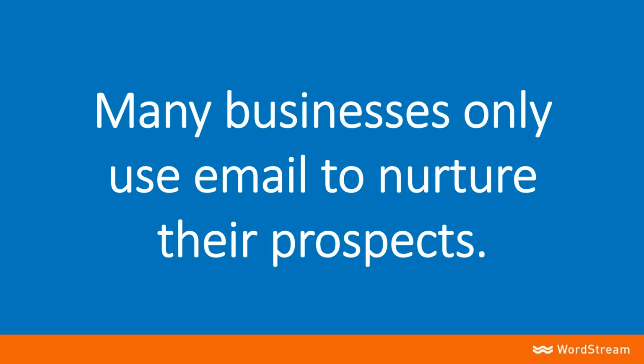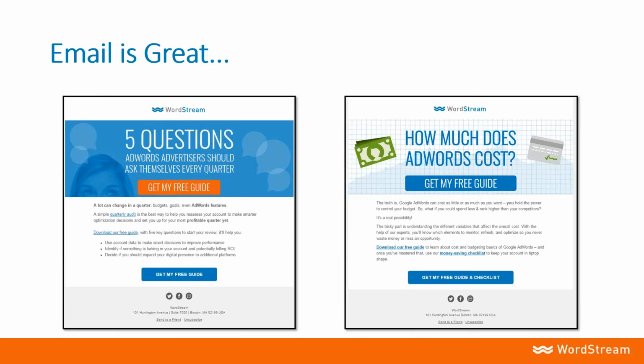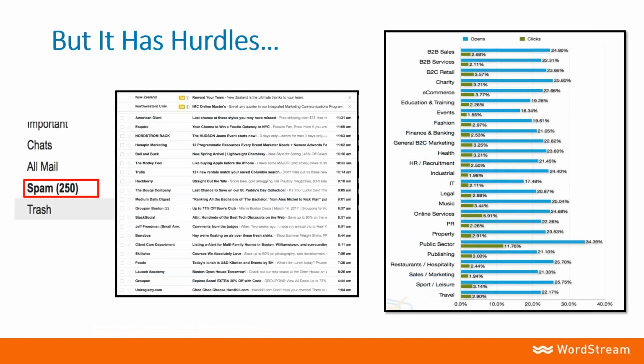Unfortunately, many businesses only use email to nurture their prospects. And while email is a great nurture tool, and we do it here to wonderful effect, we have, as Michelle mentioned, a lot of free resources that we send our prospects, emails can get lost in the shuffle. Everybody does email nurture.